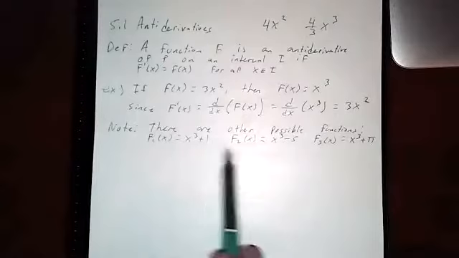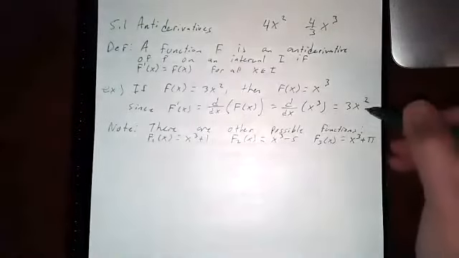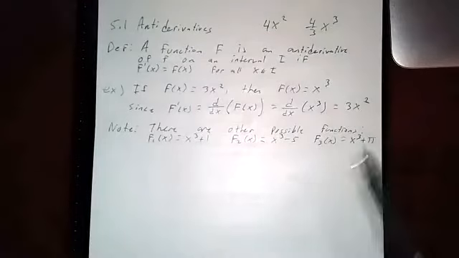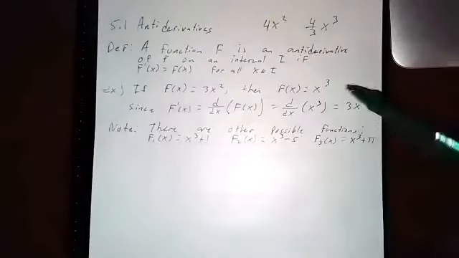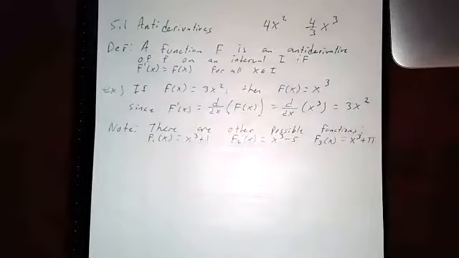Yeah, so the constants have no effect on the answer. It's still going to be this right here. But technically, there are multiple solutions to this antiderivative. It doesn't have to be this guy, right? It could be any of these three. Technically, there's an infinite number of solutions.